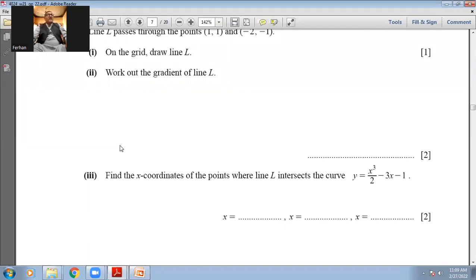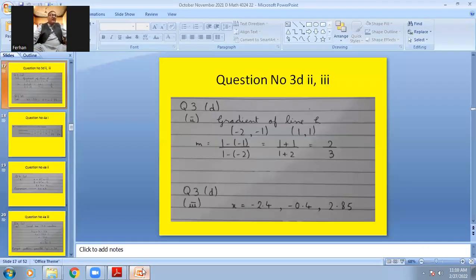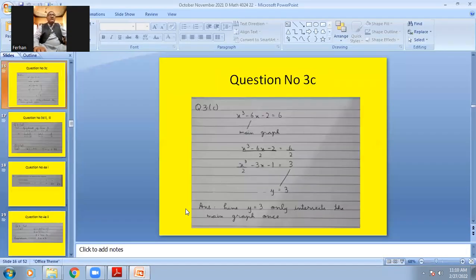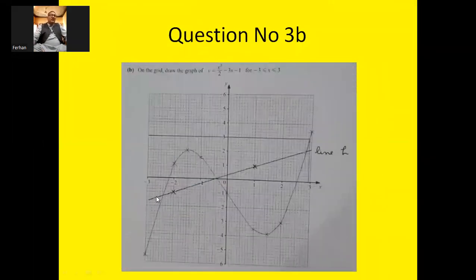Then the question asks: find the x coordinates of the points where the line L intersects the curve. So I will look at the graph. You can see when I have drawn this line, it has cut the main graph at 3 points. So I will check the x coordinate of these points of intersection.